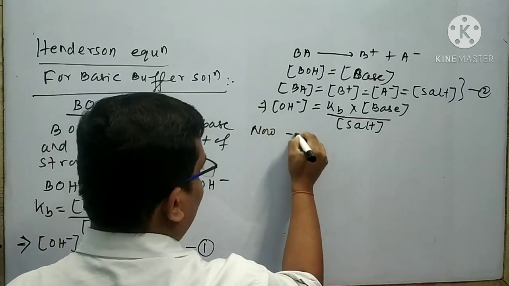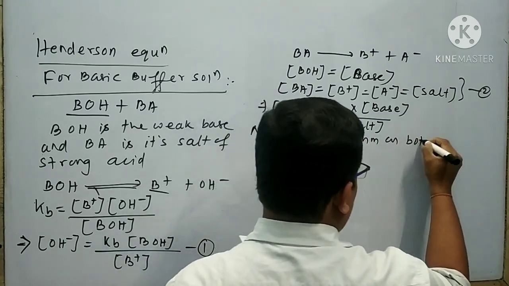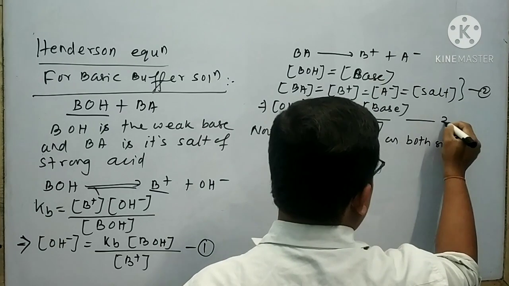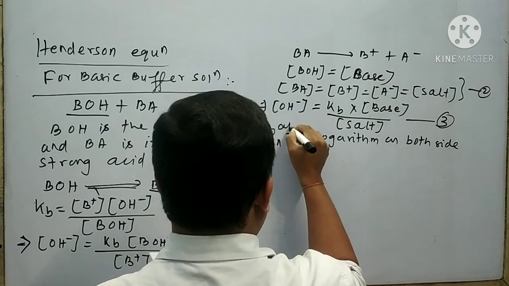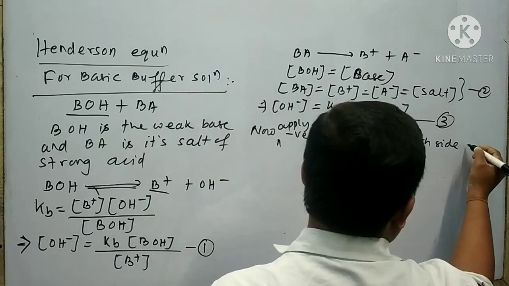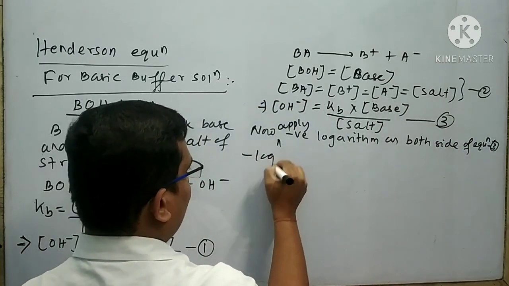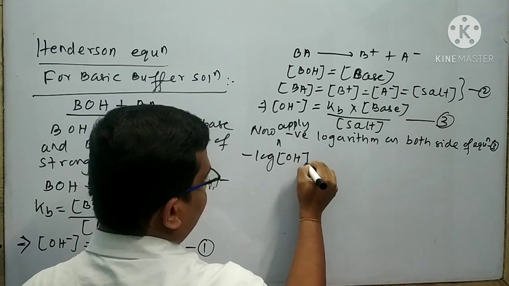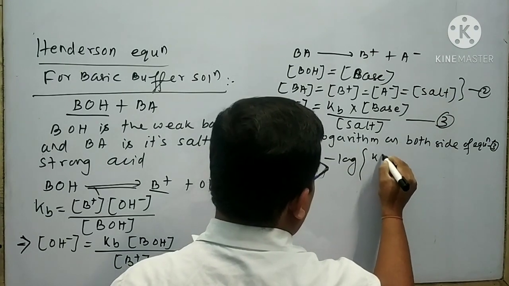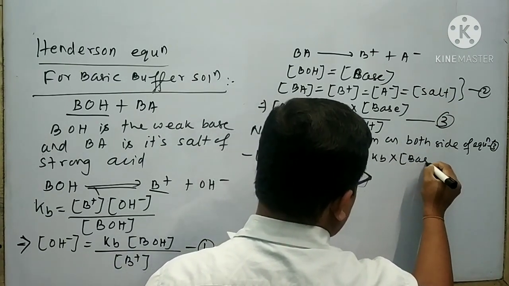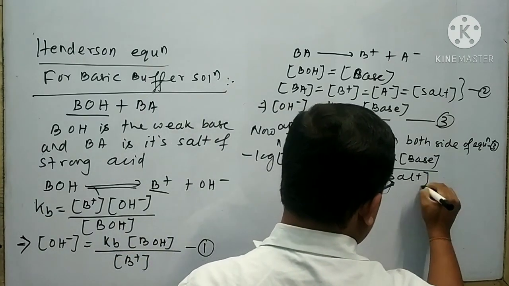Now apply negative logarithm on both sides. Suppose this is equation 3. Applying negative logarithm on both sides of equation 3, I can write minus log of OH minus ion equals minus log of Kb into molar concentration of base divided by molar concentration of salt.